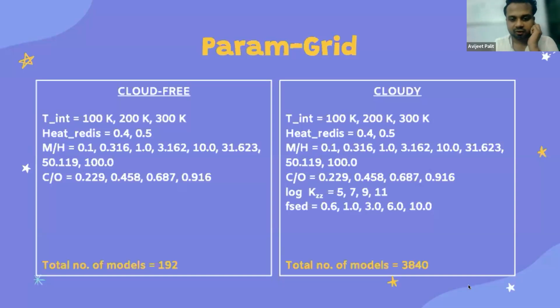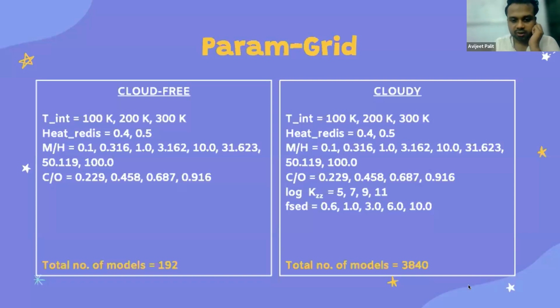Metallicity ratios have values 0.1, 0.316, 1.0, 3.162, 10.0, 31.623, 50.119, and 100.0. Carbon to oxygen ratios as 0.029, 0.458, 0.687, 0.916. If we sum up all the possible models that we can generate from this parameter grid, it will sum up to 192 models.